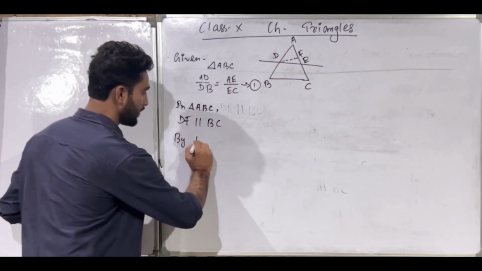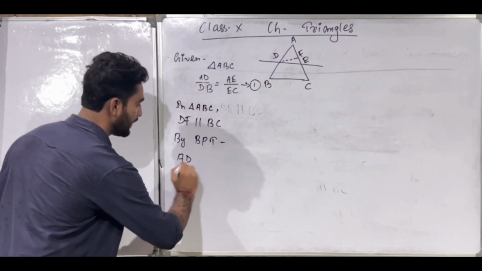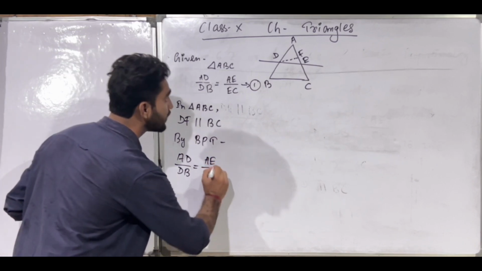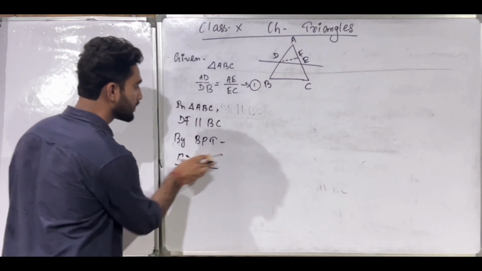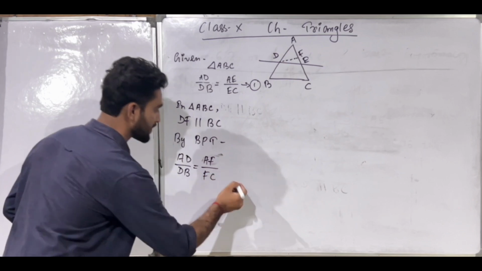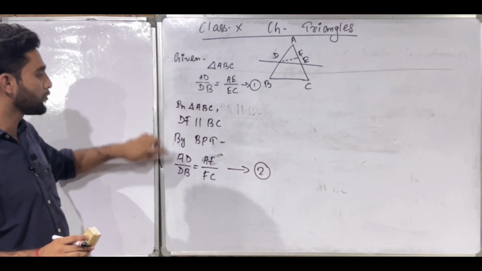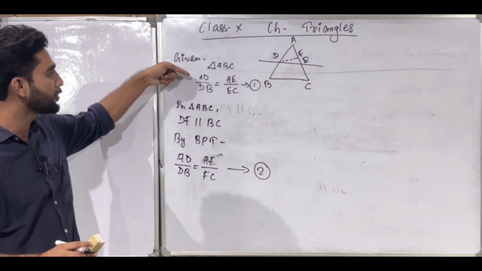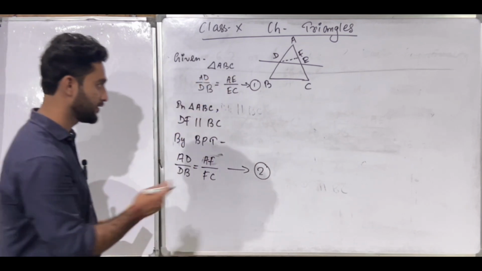So by the basic proportionality theorem, AD divided by DB is equal to AF divided by FC. Give this as equation number 2. Now observe equations 1 and 2. In both equations the left hand side is the same, so we can equate the right hand sides.